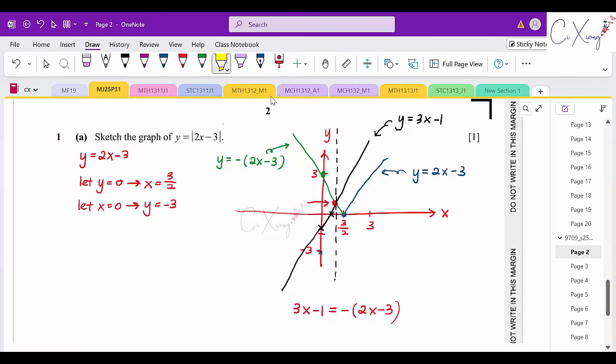So you can see that for this part, the black line, which is 3x minus 1, is below the V-shaped graph. Because if you observe the right-hand side, you will see that the black graph is above the V-shape. When the black graph is above the V-shape, it means that 3x minus 1 is greater than this modulus graph.